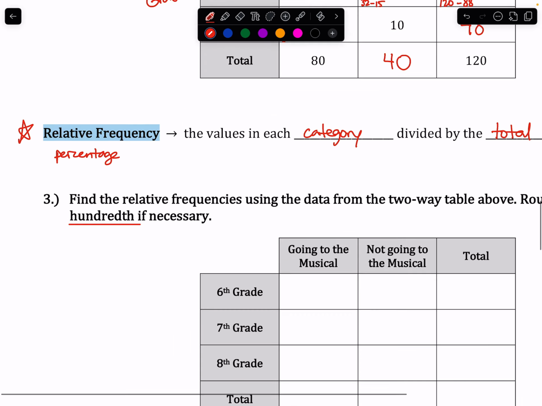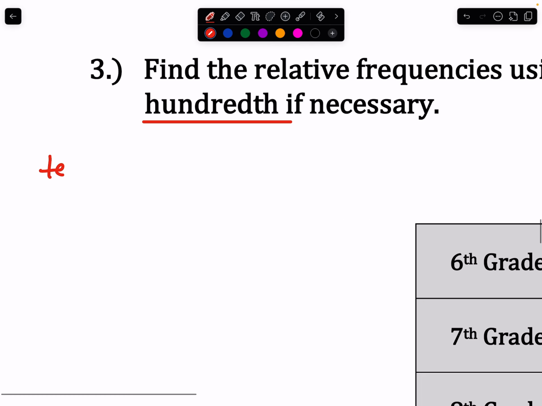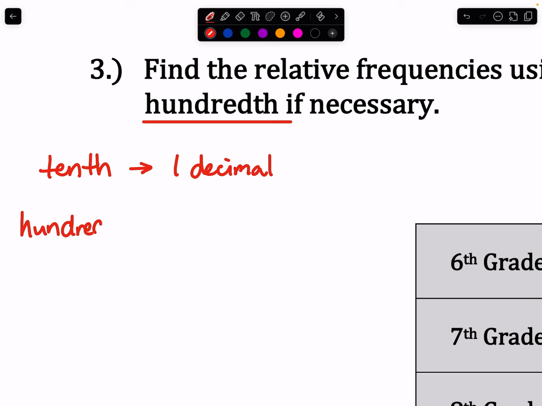Now something to quickly review when it comes to decimal places: our 10th place is 1 decimal. Our 100th place is 2 decimals.